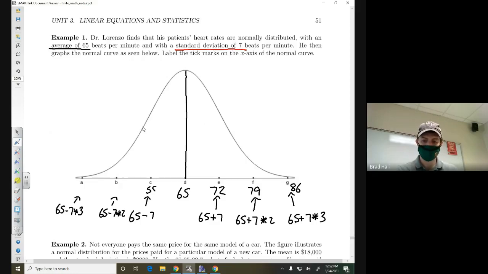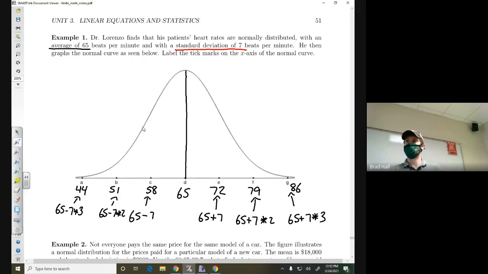So what is that? 58, 51, and 44. 44 plus 7 is 51, plus 7 is 58. And if I messed up my math, just let me know. Provided my simple mental math is correct, that would conclude this problem.